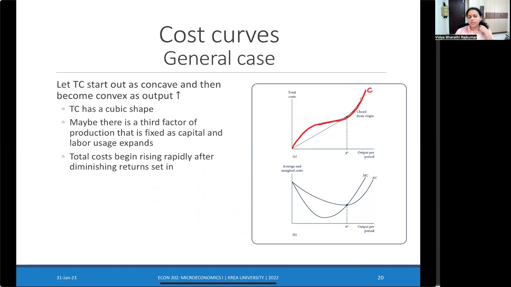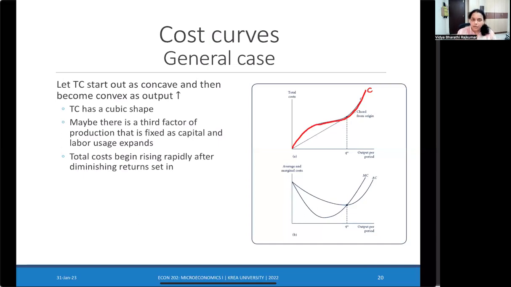So you could envision a scenario where initially, when production starts, every input that you're using is very productive. And maybe there's an entrepreneur who is managing all of these inputs. Once a minimum set of inputs start coming into play, the entrepreneur's services are better utilized, so all the inputs start becoming productive.